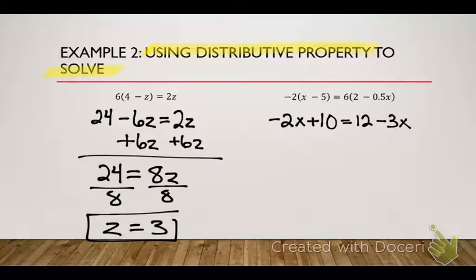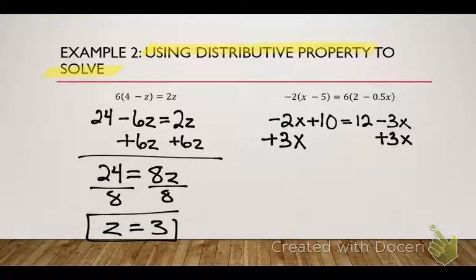But here's my advice to you. I would choose the lesser value. Why? If you add 3x to both sides, now this is going to be positive. If you only added 2x to negative 3x, now your x is going to be negative.